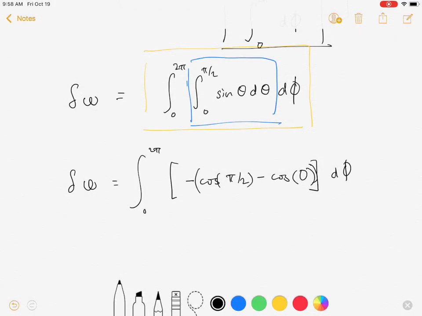And another term here. So now cos pi over 2 is 0, while this is 1, which makes this positive 1.